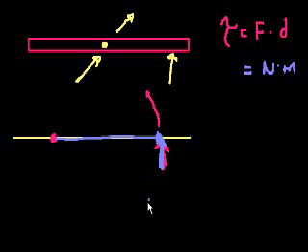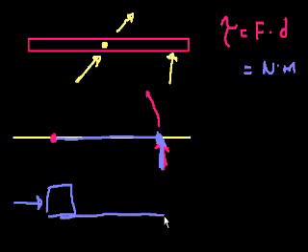Because in work, what are we doing? We are translating an object. If this is an object, and I'm applying a force, I'm taking the force over a distance that's in the same direction as the force, right? Here, the distance and the force are parallel to each other. You could say the distance vector and the force vector are in the same direction. And of course that's translational, the whole object is just moving, it's not rotating or anything.